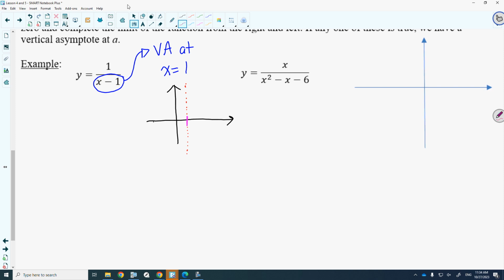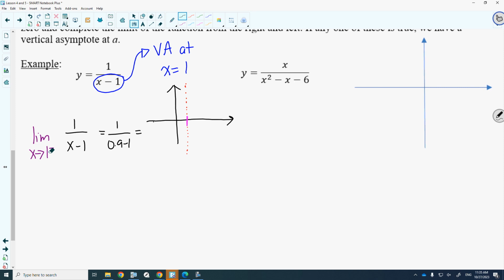So we're going to approach 1 from the left-hand side. The limit as x approaches 1 from the left-hand side of my function, 1 over x minus 1, is equal to, I have a 1 in my numerator, so I'm going to put 1. And in my denominator, I'm going to pick a number close to 1, but less than 1. So I'm going to pick 0.9, and write 0.9 minus 1.